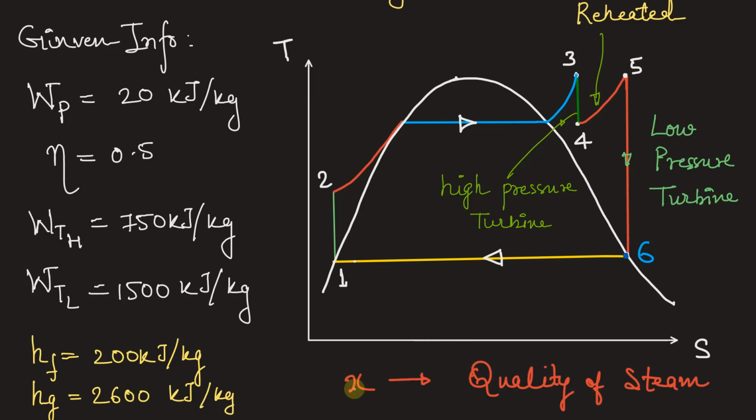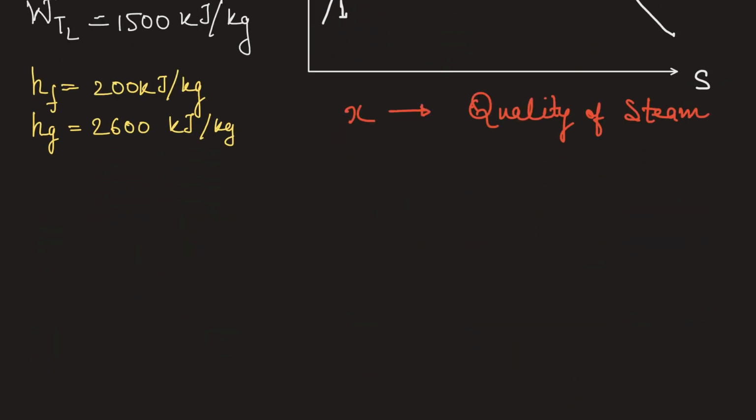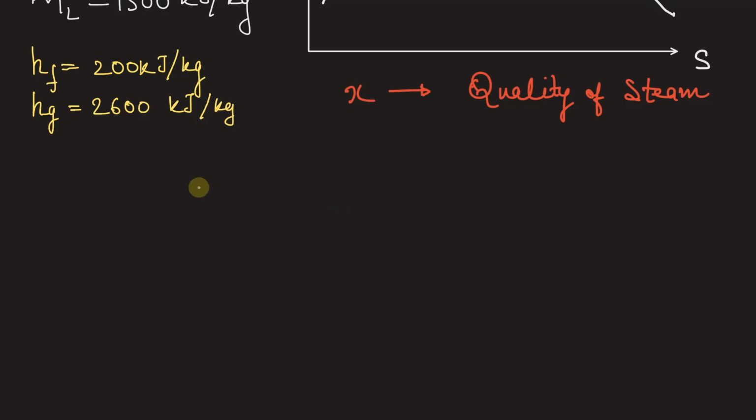In order to calculate the quality of steam, we need the enthalpy at the exit of the low pressure turbine. To calculate that we need the net work done. For this cycle, net work done, Wnet, is equal to work done by the high pressure turbine, 3 to 4, plus work done by the low pressure turbine, minus the work done by the pump.